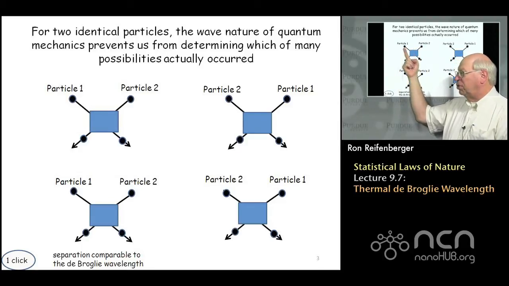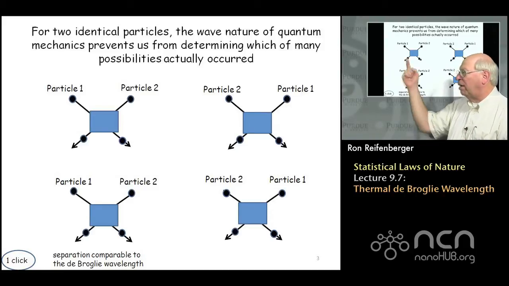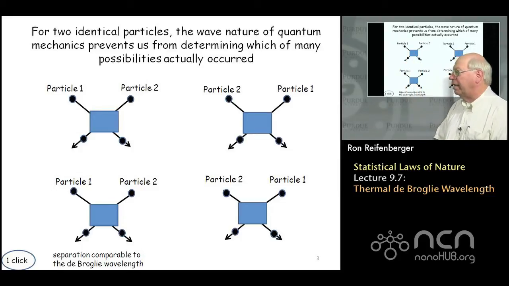They're at these positions at some time t, and at some later time we also observe these particles. They're emerging from this region of space. And the point is that if the particles are described by quantum mechanics, we don't really know what happens inside that region that's blocked off in blue.